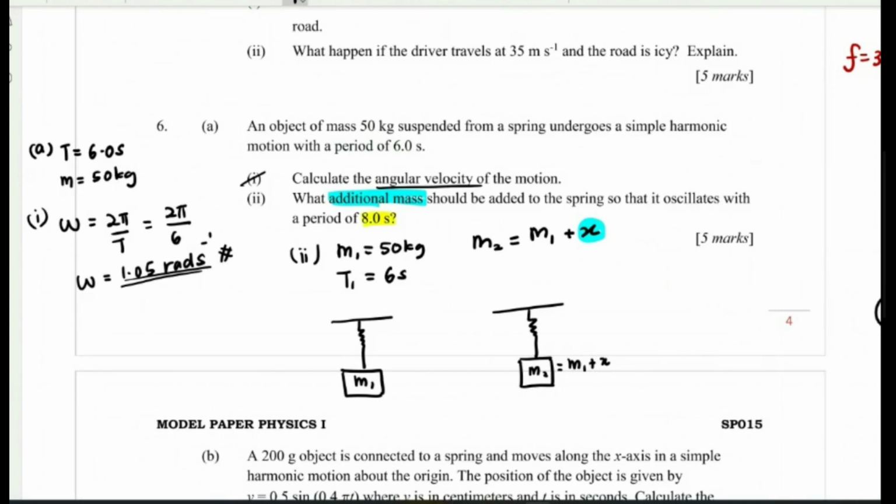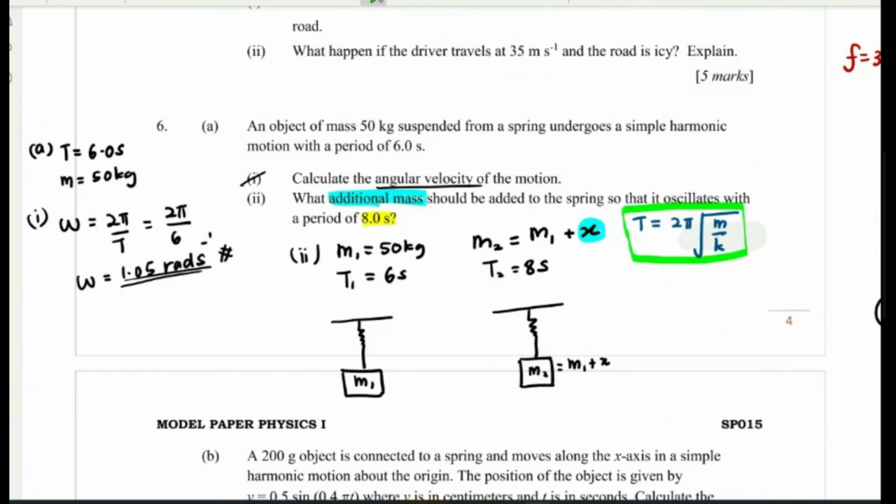So T2 is 8 second. Okay, so in this case, we want to apply equation of T. Okay, the period for the spring, oscillation of the spring. So T is equal to 2 pi square root M over K. So we need to use this equation. Okay.